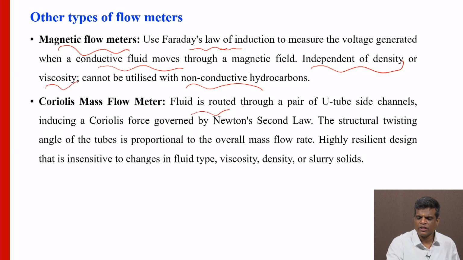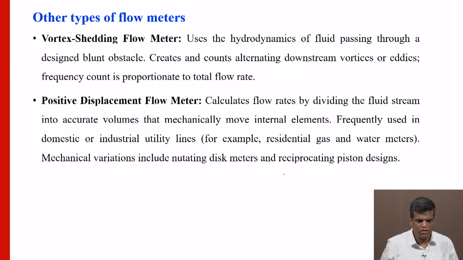Another flow meter is the U-tube side channel type, which works on Newton's second law. It has a highly resilient design and is insensitive to changes in fluid type, viscosity, density or slurry. The last one is the vortex shedding flow meter, normally used for hydrodynamic fluids.